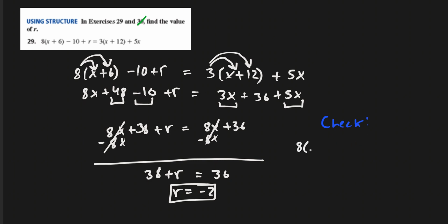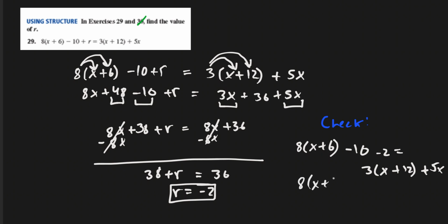So 8 times (x plus 6). We got r to be -2, so that's minus -2, is equal to 3 times (x plus 12) plus 5x. This is 8x plus 48 minus 12, which is equal to 3x plus 36 plus 5x.